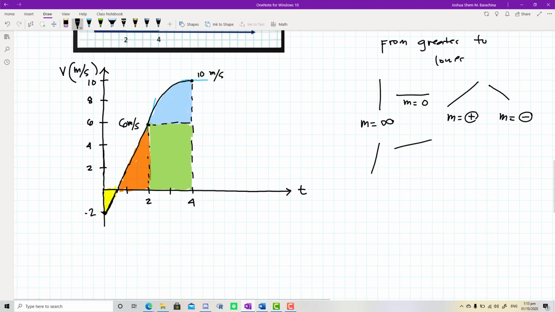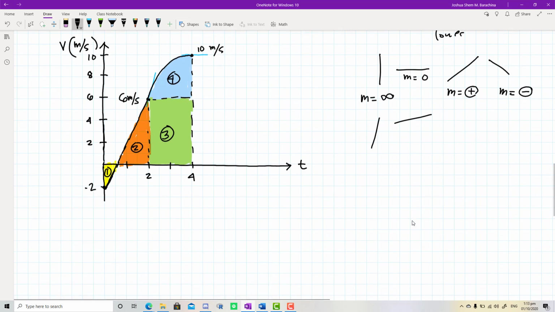So the first area, that is a triangle. So ang area niya ay 1/2 distance height, right?